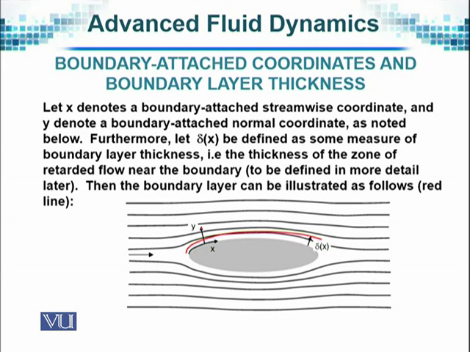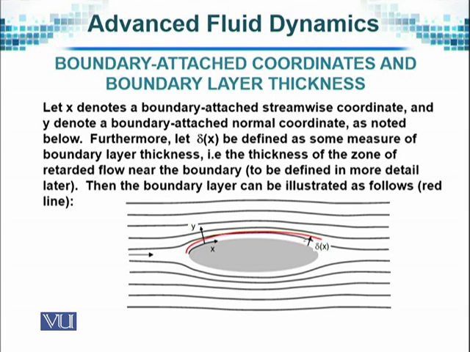X is a coordinate in the x direction, and y is a coordinate that is normal to the surface of the solid boundary, because it has a curvature. So they are not rectilinear, but y is in the normal direction, and correspondingly there are velocity components u and v, u in the x direction and v in the y direction.